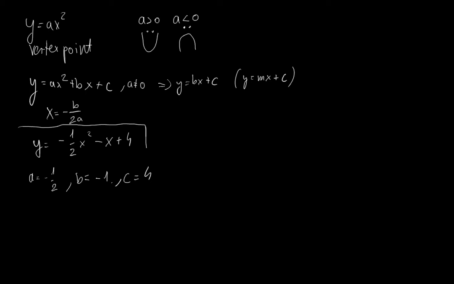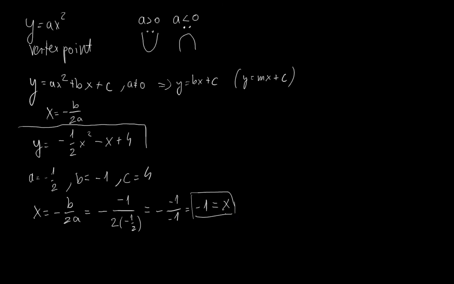Since a is negative, the parabola opens downward, and the axis is the vertical line x equals minus b over 2a, so it equals minus of minus 1 over 2 times minus 1 over 2, that is minus 1 over minus 1, that is minus 1. So the x-coordinate of the vertex point is x equals minus 1.